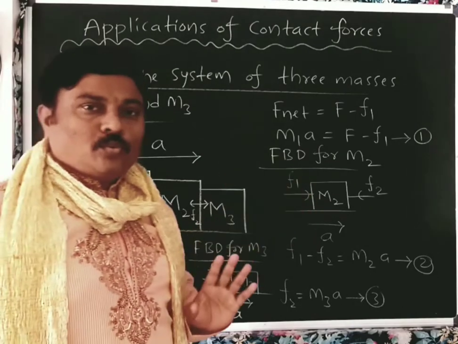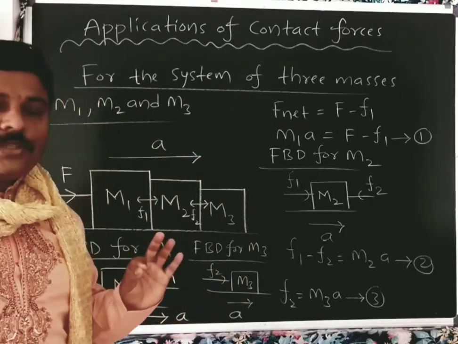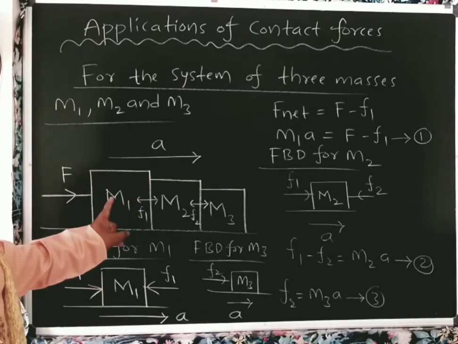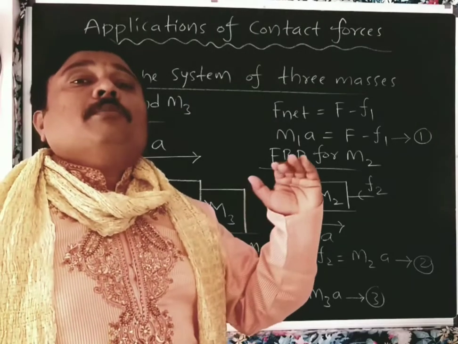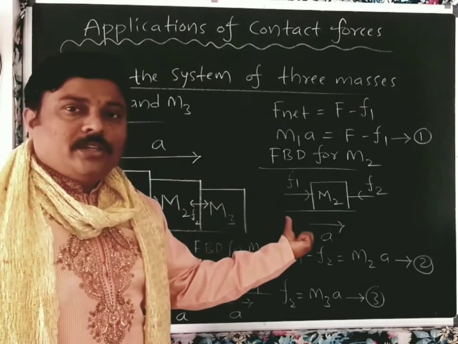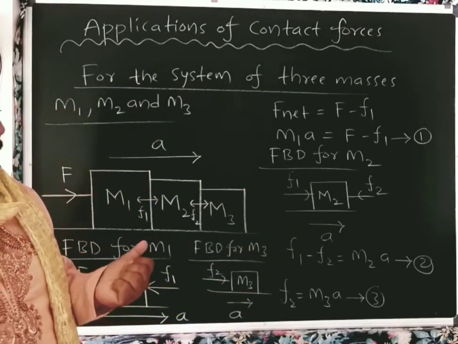Next, we have to write the free body diagram for mass M2. Imagine mass M2. In case of M2, two contact forces act on it. One contact force is exerted by mass M1 on M2, another is exerted by mass M3 on M2. So we have to write the F1 and F2 values.